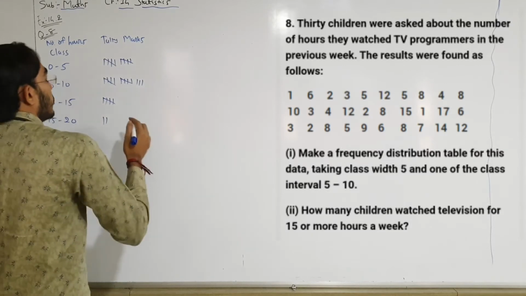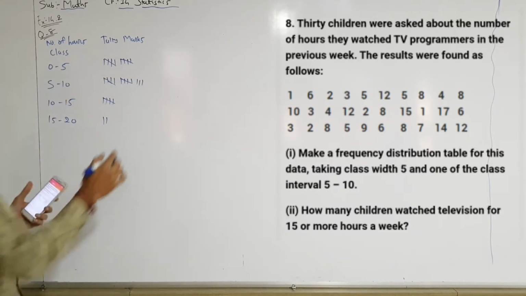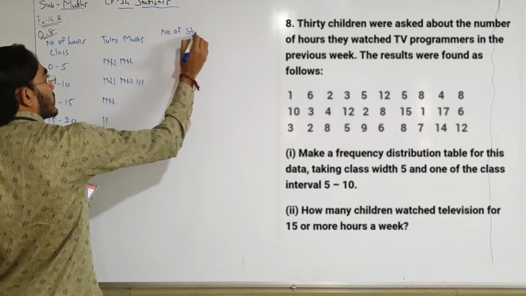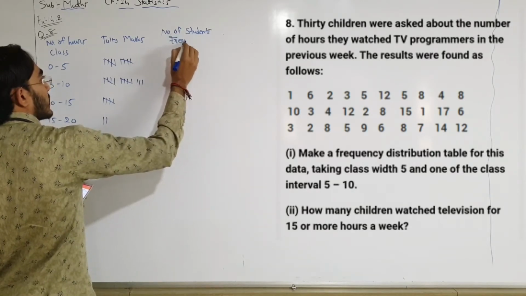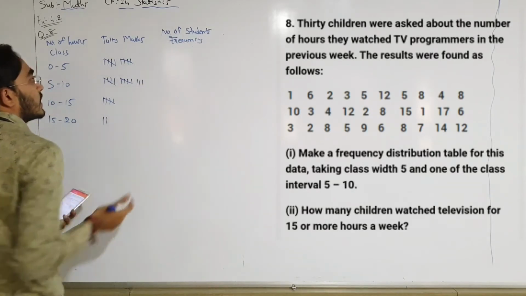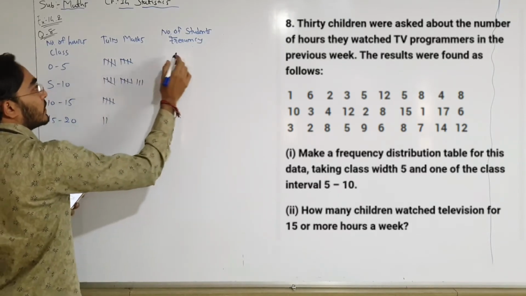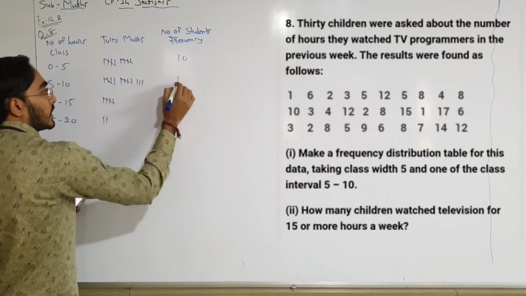So now frequency F, that means the number of students. Okay, so here the number of students means our frequency. Now count this: 5, 5 plus 5 is 10, 10 plus 3 is 13.